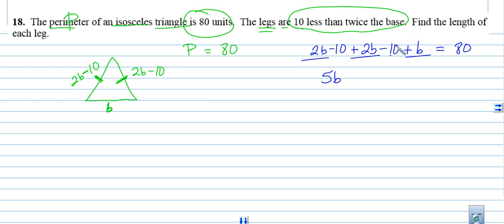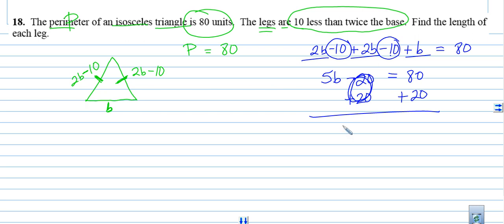Negative 10 minus 10 is negative 20. And that equals 80. So now we're going to add 20 to both sides. That gives you 0 here, which is 5b plus 0, which is 5b, equals 80 plus 20, which is 100. You're going to divide by 5, divide by 5. 1 times b is b, and then 100 divided by 5 is 20.